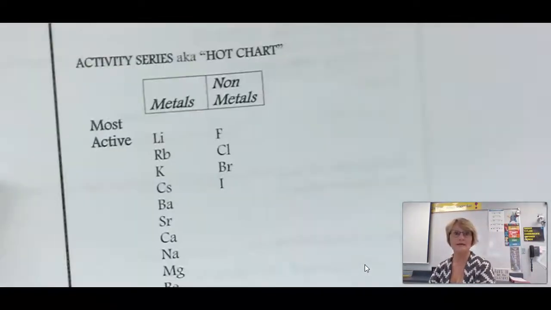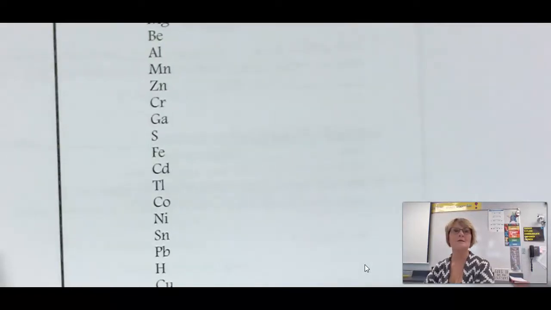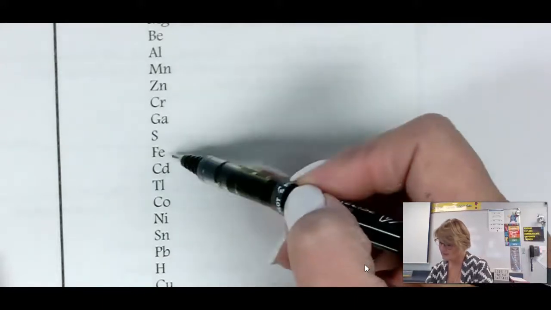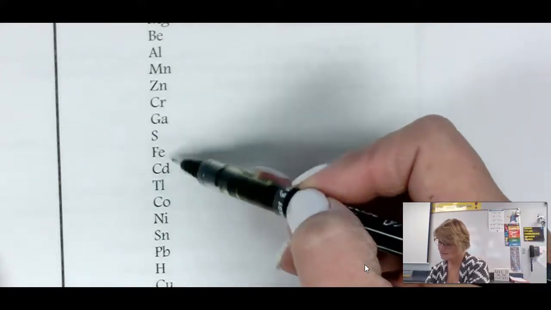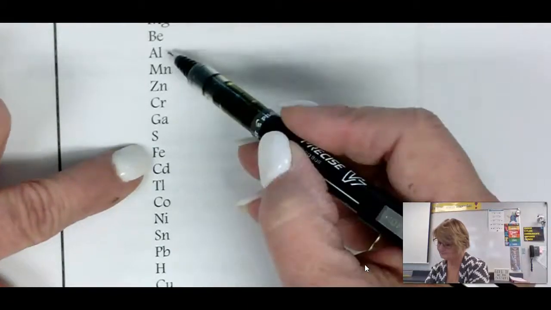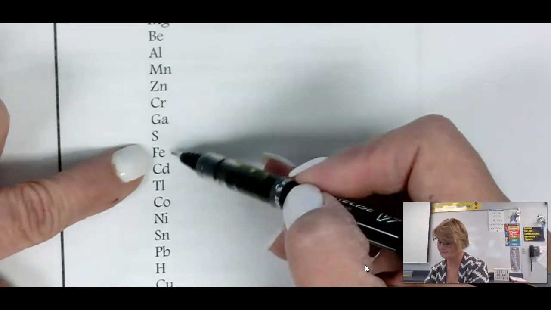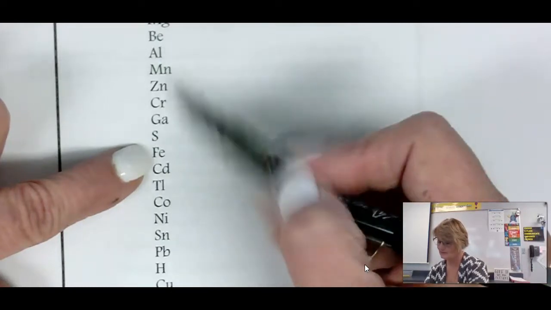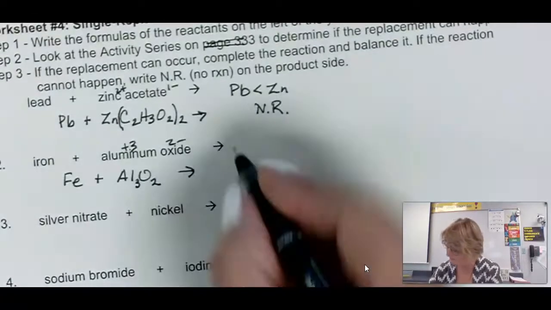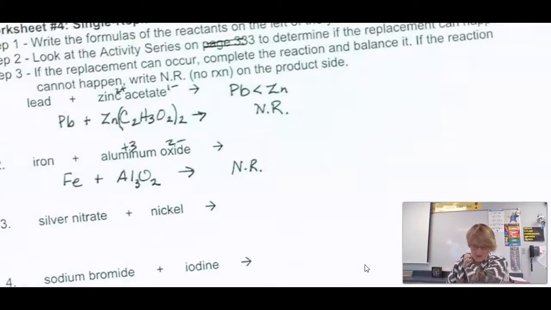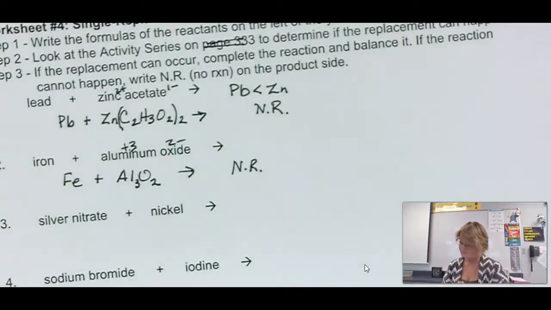I'm going to pull my table up. Here's iron, and here's aluminum. Iron is not stronger than aluminum, so iron will not knock off aluminum. This is becoming a pretty easy worksheet.